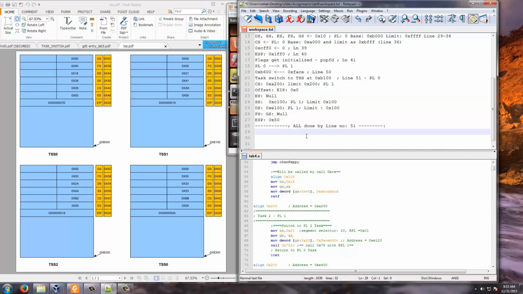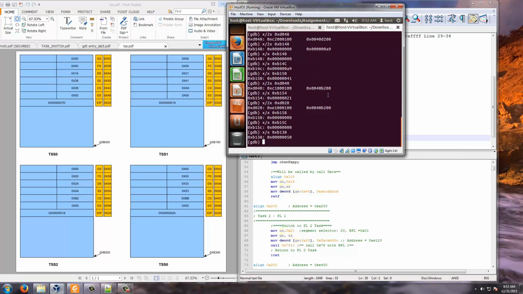At this point, this is the PL1 task. This is line 66. So I move AX comma 21. And what is AX comma 21? Let us go to the GDT and find out 0xD020.